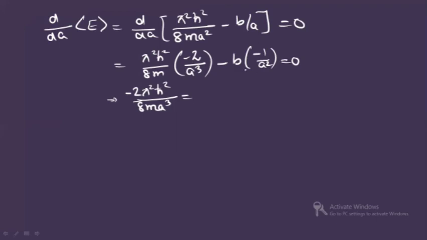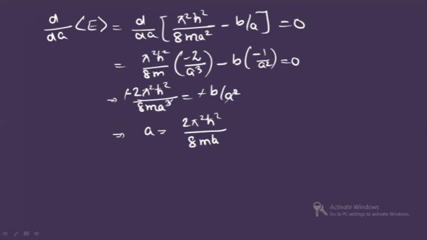Minus a plus... I am taking it to the right hand side, so it is becoming minus b a square, right? So this minus will cancel this minus, and from here I can write directly this a. I am taking it to the other side, b I am bringing to this side. So a will be equal to 2 pi square h cut square over 8 m b a cube, and this a square will cancel.